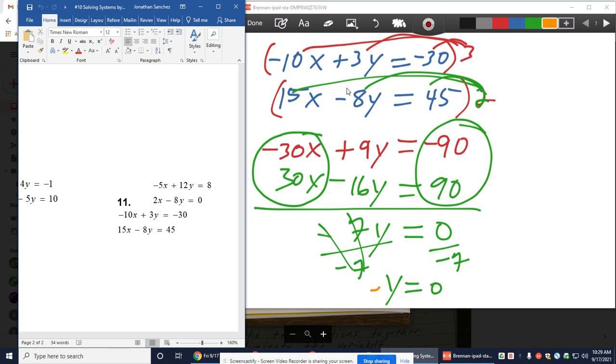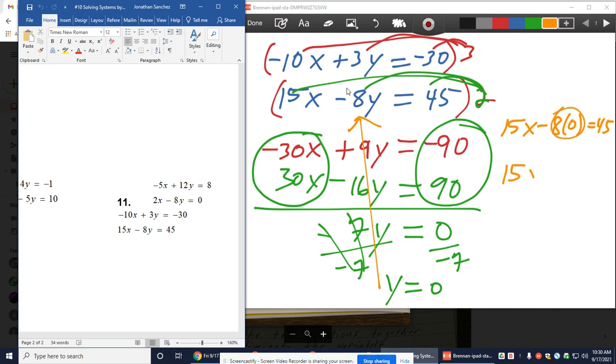Well, we'd like to take this answer and plug it in over here, and it almost doesn't even matter which one you plug into. I guess with the colors I can point like that. So I can plug it in right there, and it's a 0. So I have 15x minus 8 times y equals 45. But that's 8 times 0, so all of this is just 0.